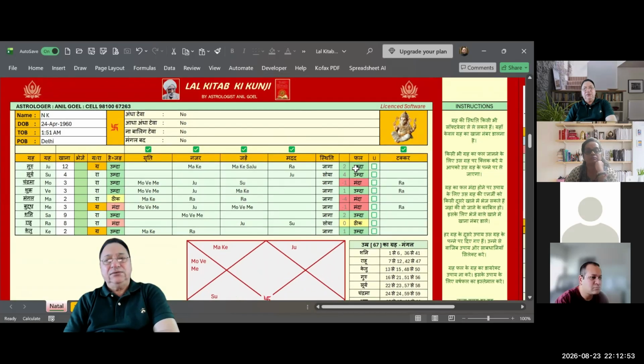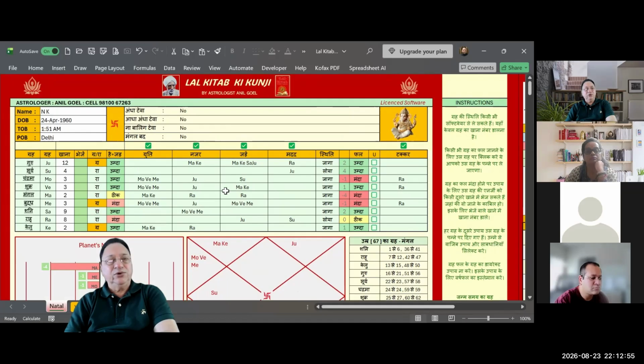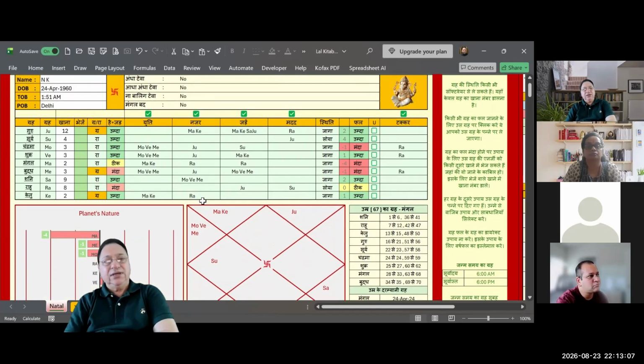So, to sum it up quickly, all you need to do is just put the number of the house in this column. That's all. And why we did this was, making the chart is not very difficult. If I start putting all that here, it will unnecessarily make the app very big.